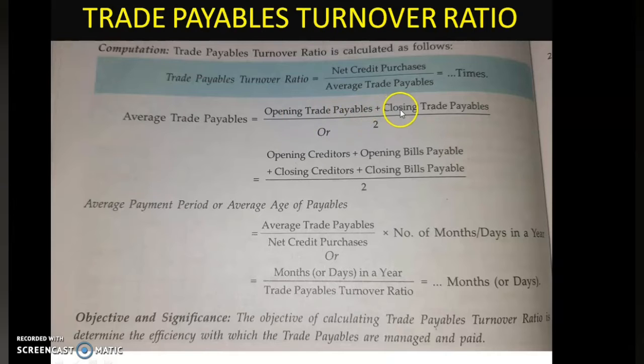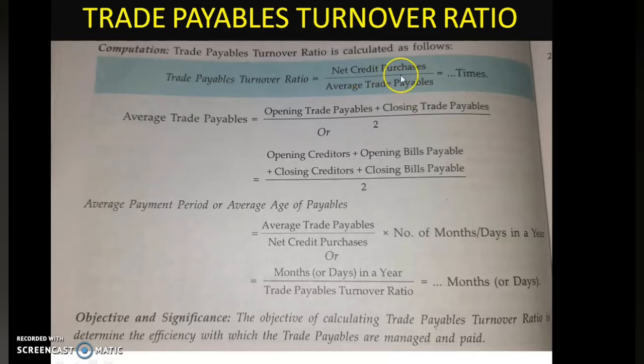In the same way, if they have given you closing trade payables and not given you opening trade payables, in that case also don't find the average. Just write down the closing trade payables amount given to you. Don't divide that amount by 2. Okay. So this was finding of average trade payables.